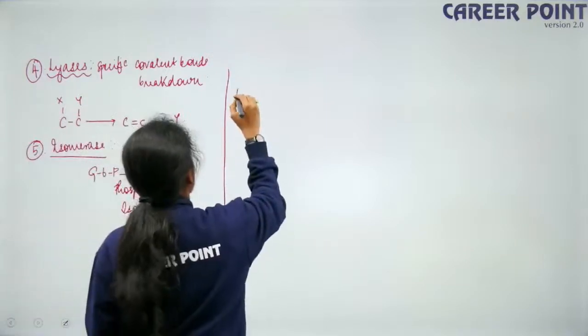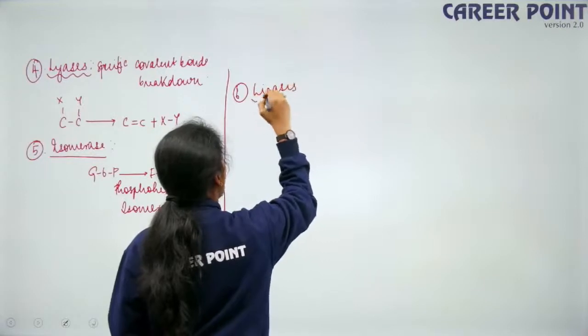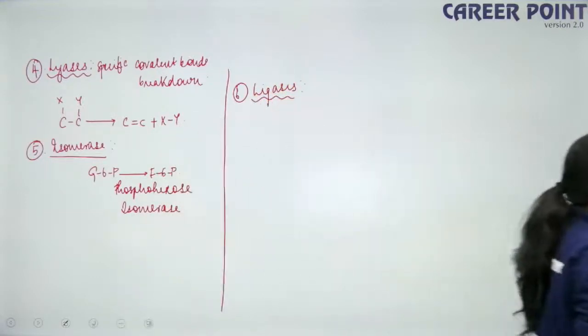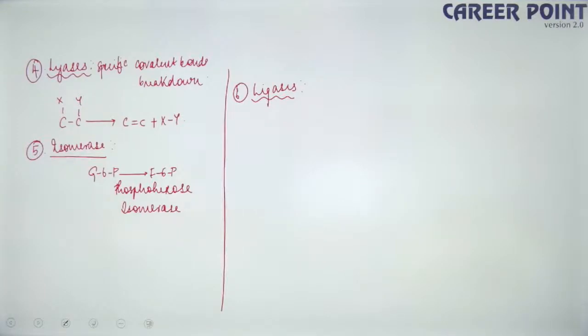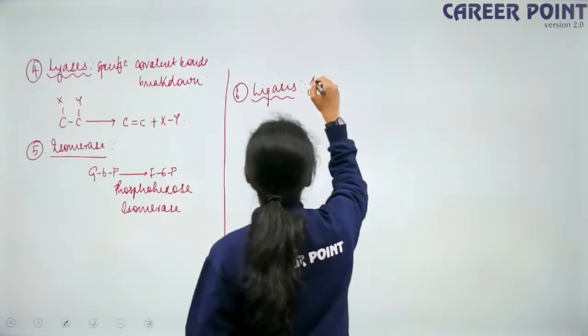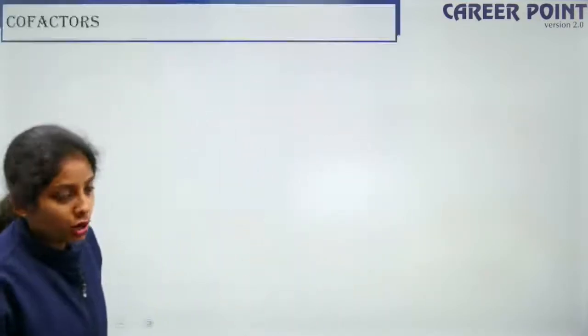Now talking about the last one, that is ligases. This joins 2 or more bonds. So far clear? What does ligases do? Joining of 2 substrate molecules. So this is about the nomenclature of your enzymes.